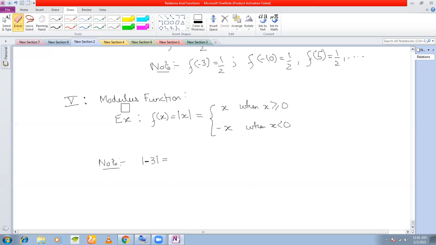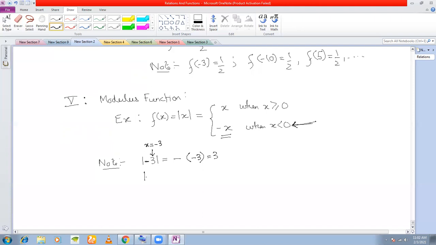See, within this modulus, what do you have here? You have x, which is equal to minus 3, right? So actually we are considering this case, so x is less than 0. In this case, what is the value of the modulus? Minus of minus 3. It becomes plus 3. So that is why when x is less than 0, mod x is equal to minus x.